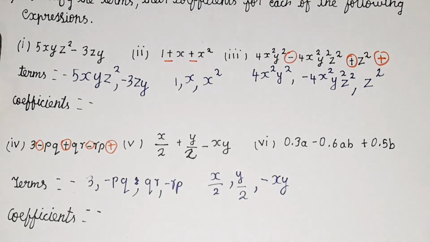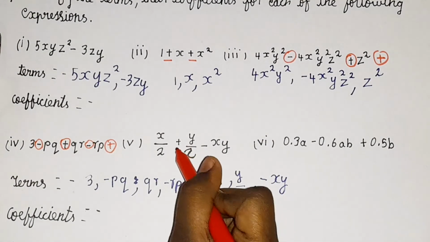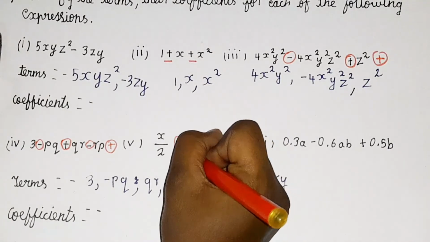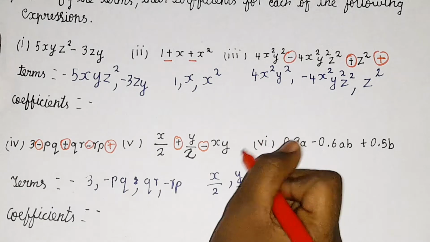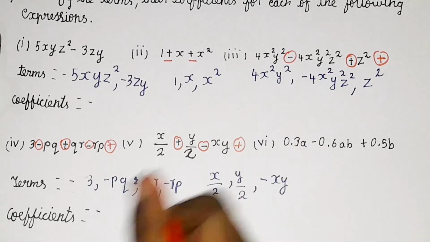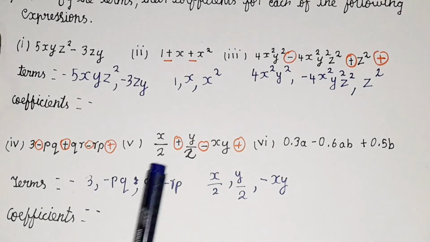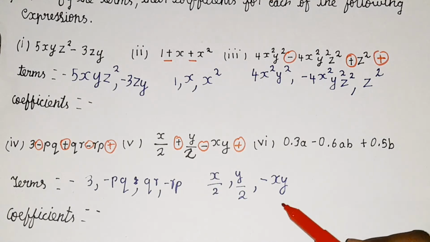Here the x by 2 is split by plus, y by 2 is split by minus, and the invisible plus is splitting the xy. This is the answer for this subdivision.